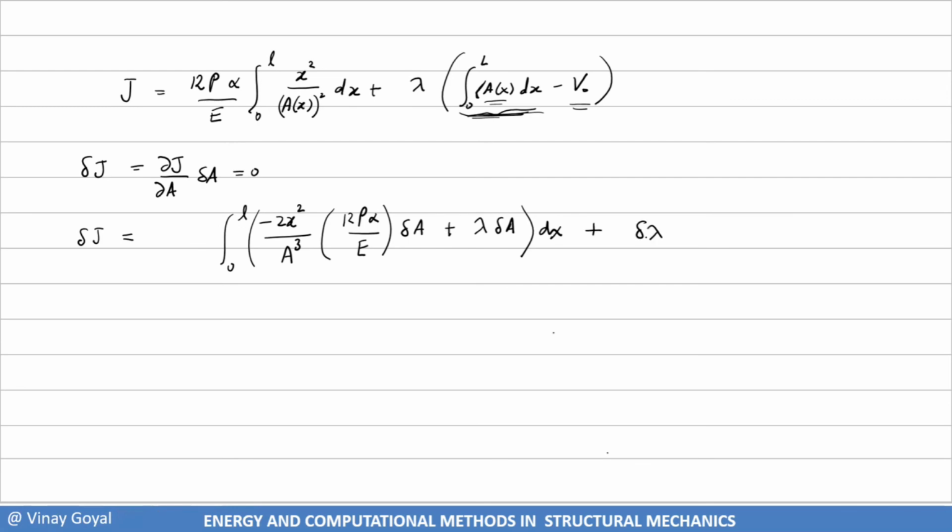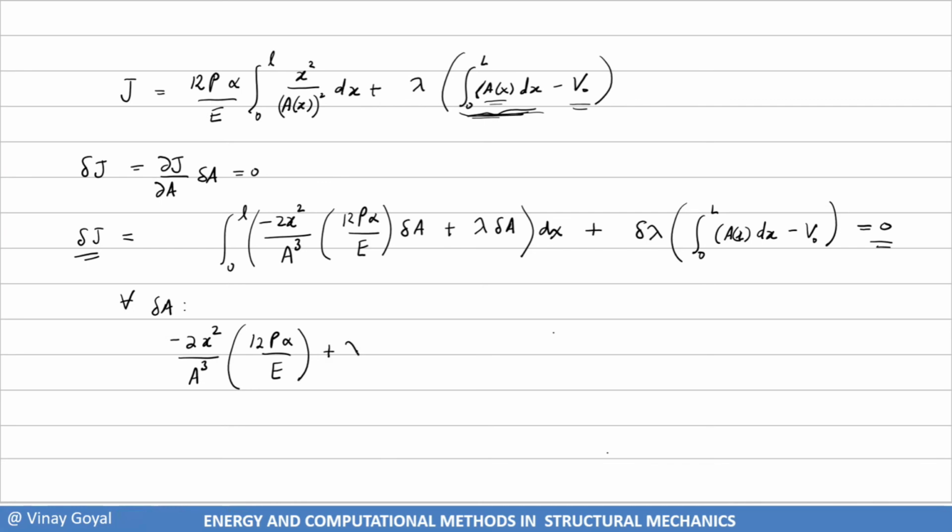Del lambda now, and then now I have the constraint. And this is equal to 0, the first variation of J equals 0. And so for any del a, what I'm stating then is that I have minus 2x squared divided by a cubed, 12 P alpha over E plus lambda is 0.